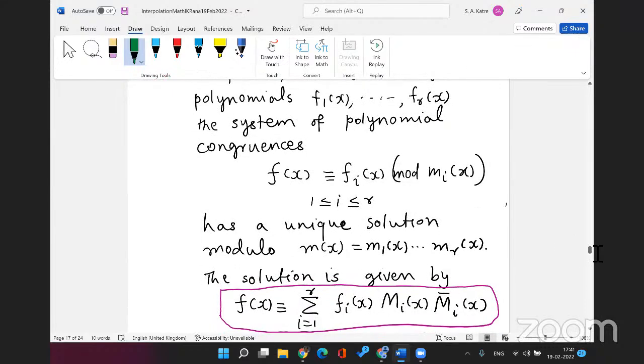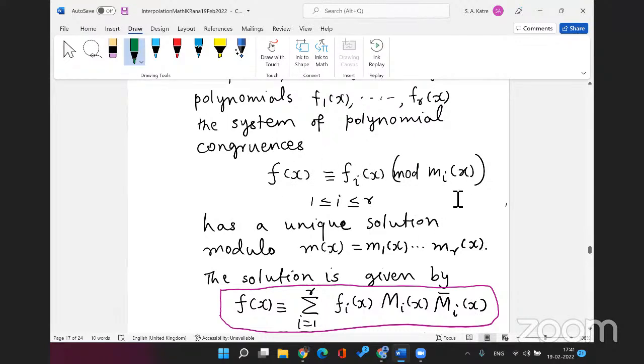Suppose mi(x) are polynomials. mi(x) are relatively prime in pairs. They don't have any common factor; GCD is 1. Then consider f(x) congruent to fi(x) mod mi(x), a system of congruences. These are polynomial congruences.